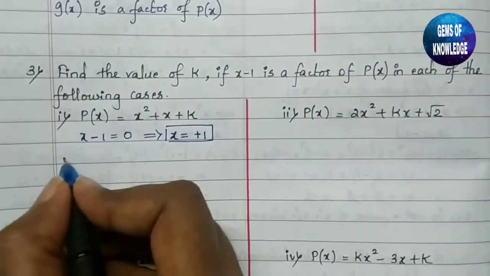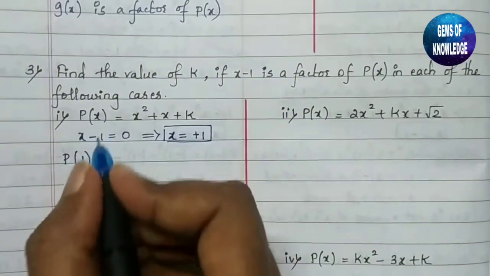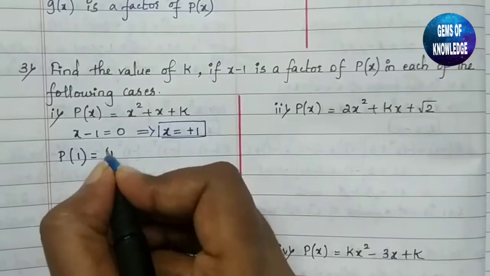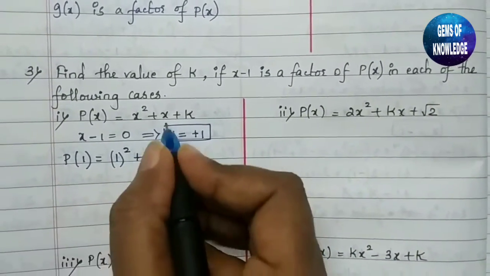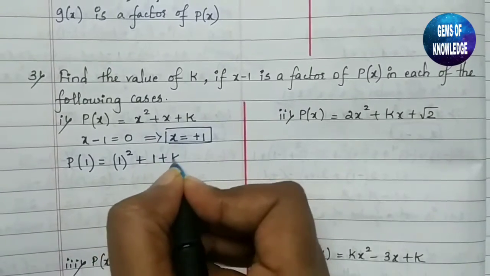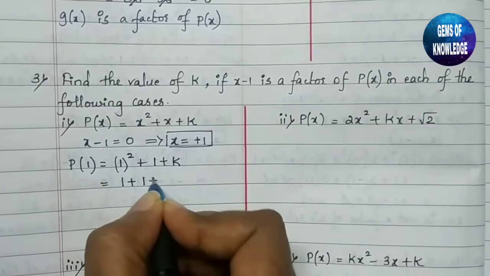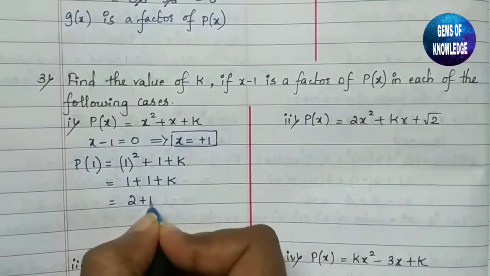So we need to substitute here p of 1, which is, in place of x you will write 1 square plus 1 plus k. So 1 square is 1, plus 1 plus k, so you are getting 2 plus k.